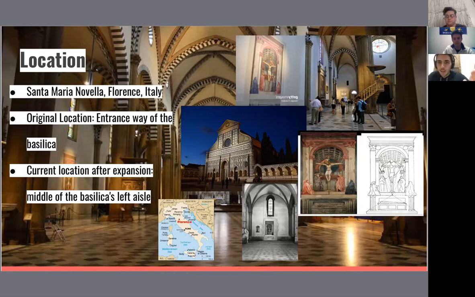Today, after expansions to the basilica in 1820, it is now along the left aisle, but it still holds the same prestige and high self-esteem that it did when it was first drawn.